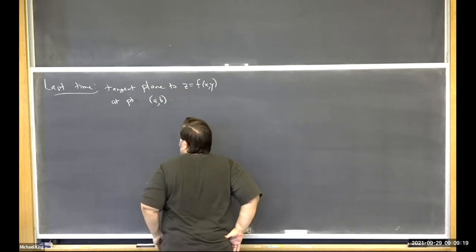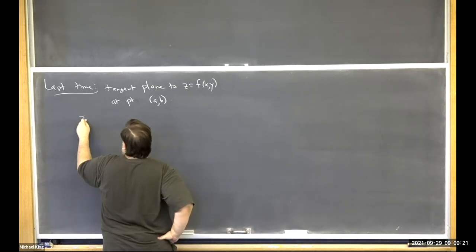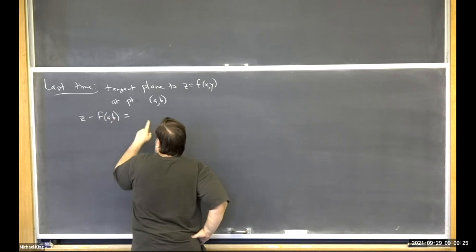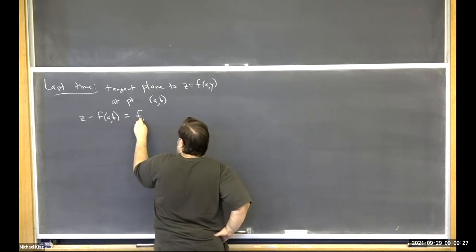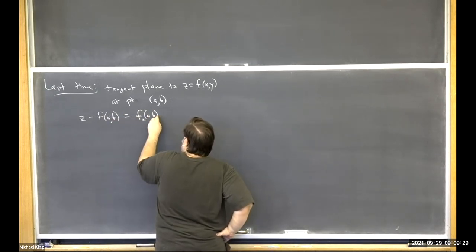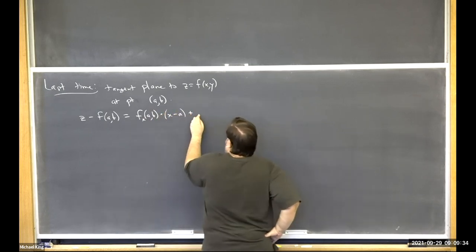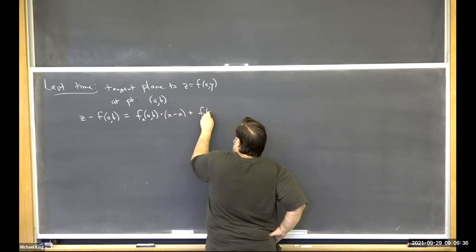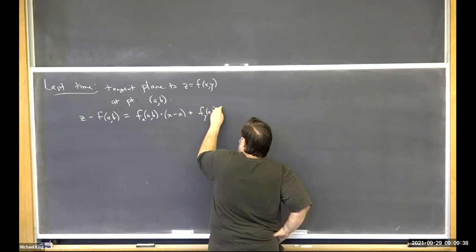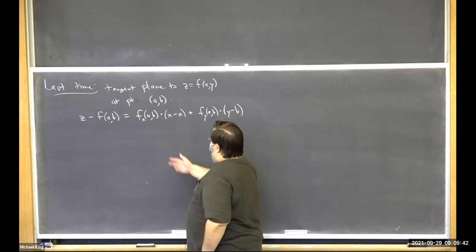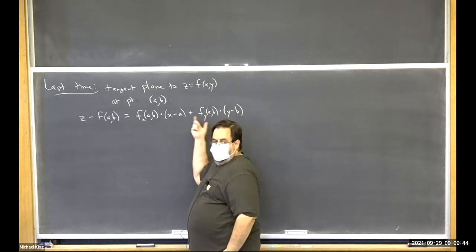And we got the equation z minus z naught is the x slope, which was the partial x, times x minus a, plus the y slope, which was the partial y at that point, times y minus b. Just keep in mind that these are actual numbers, right?